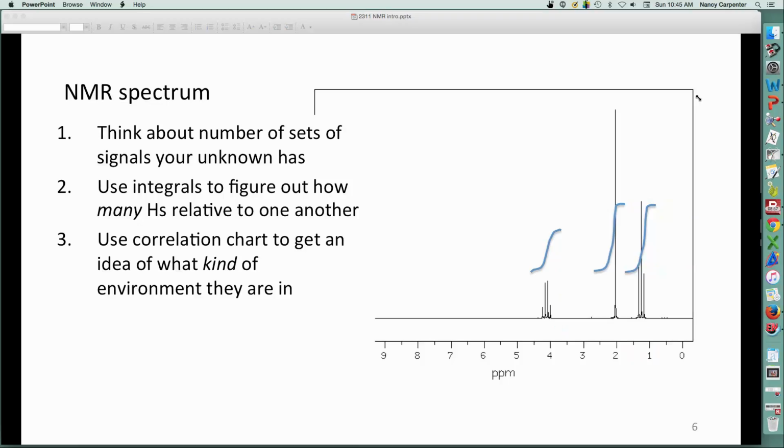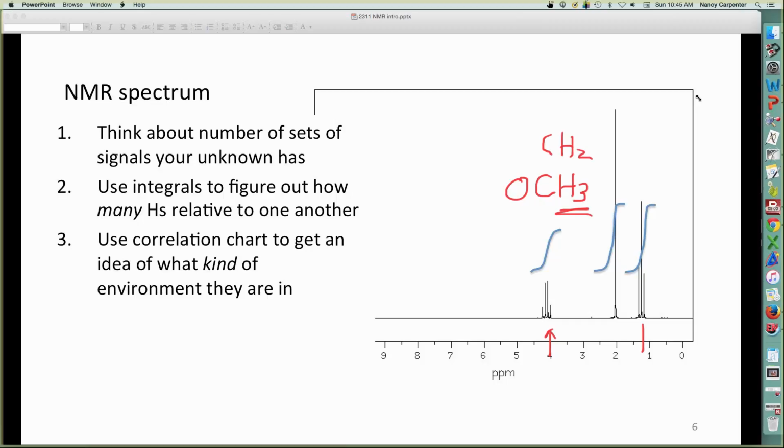All right, then you can start paying attention to where these things show up. Things that are down around 1 are just plain old methyls and ethyls, plain old hydrocarbons. Things further down around 4 are usually in an electronic environment that is a lot more like a carbon bearing hydrogens next to an oxygen.